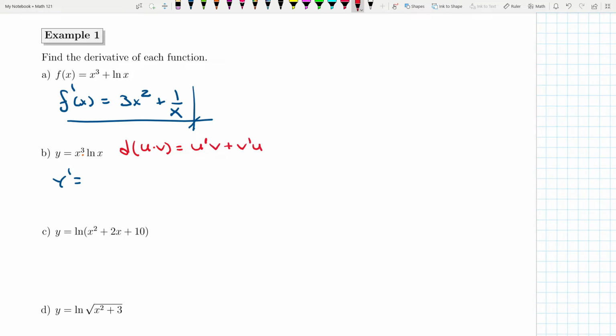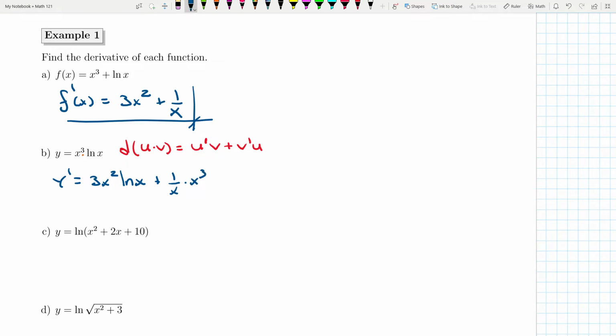In other words, the derivative of the first factor times the second factor plus the derivative of the second factor times the first factor. So it will be 3x squared ln x, plus the derivative of ln x, which is 1 over x, times x cubed.